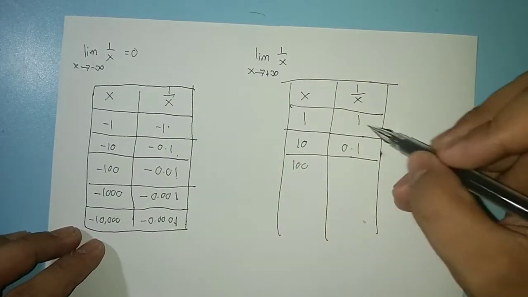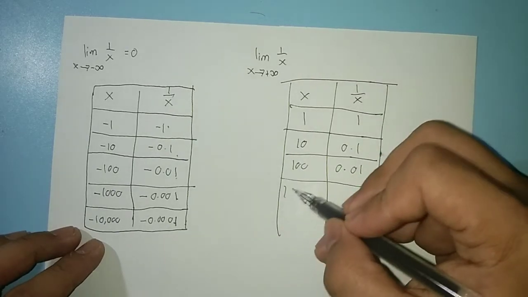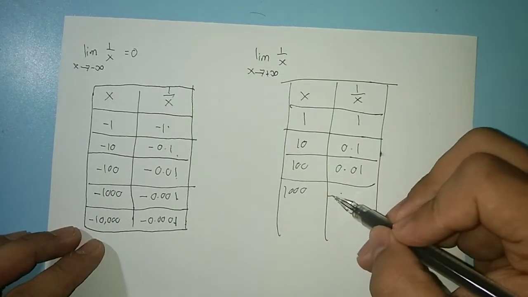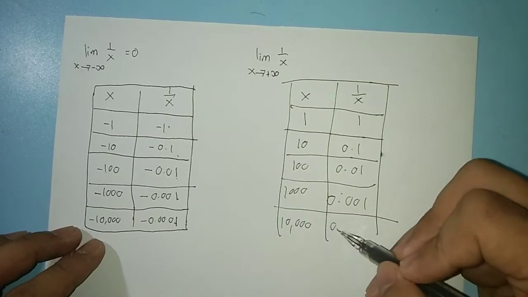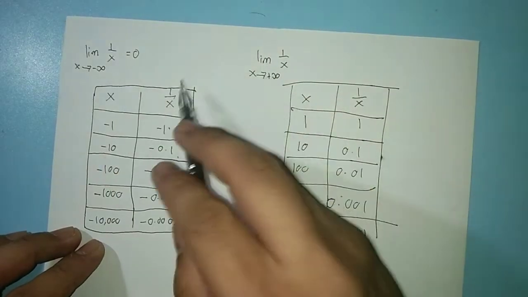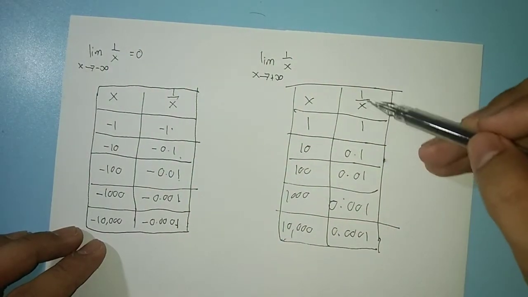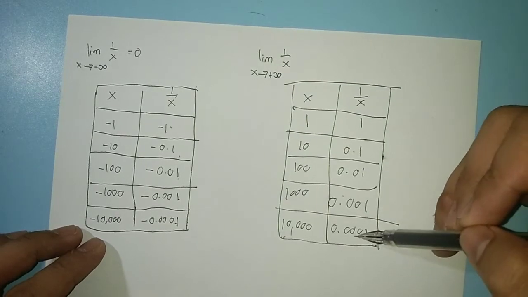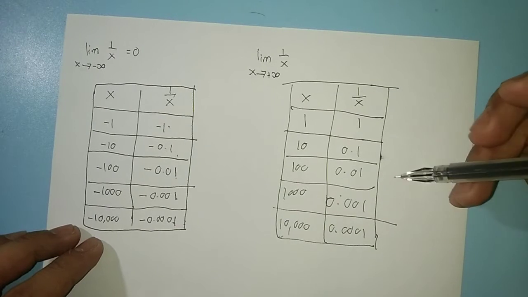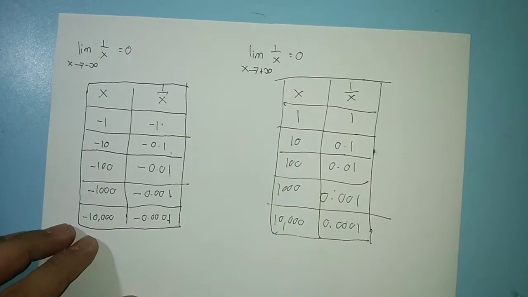Then 100, naging 0.01. Then 1,000, naging 0.001, 10,000. Same lang yung nangyari, sa sign lang nagkaiba. But still, as x increases, nag-a-approach siya sa 0 kasi lumiliit na. So 1 over x approaches 0. Meaning, limit of 1 over x as x approaches positive infinity is 0.